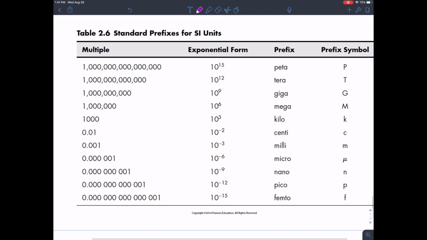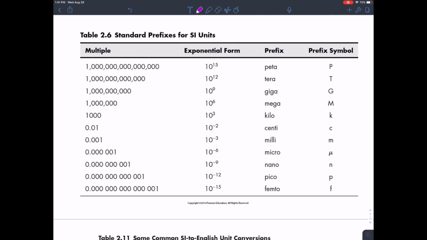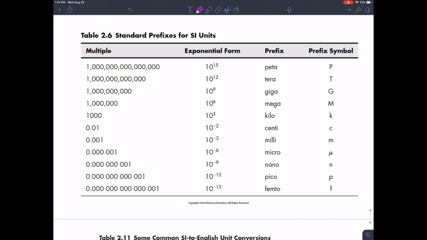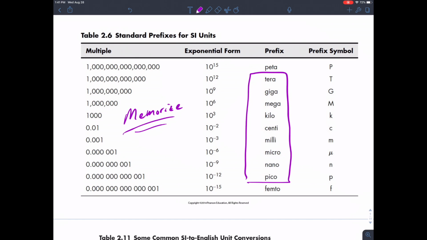The next thing you really need to know, you need to memorize this table. Peta, not so much. That's not used all that much, and down at the bottom, femto is not used so much. But everything in here, we use quite a bit because of the scale of quantities.